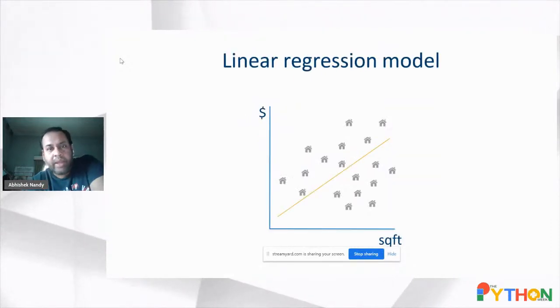So what happens next? We can plot it in the form of the rupees or dollars we have and the entire square feet that we get. When we put it in the form of a curve, we get a regression line that can be created out of it.